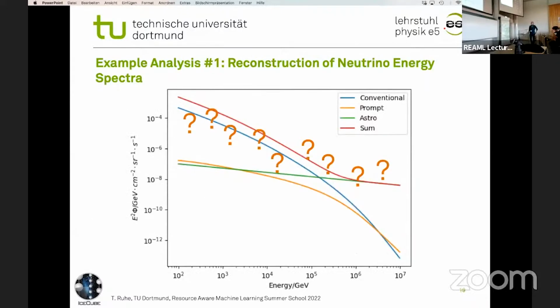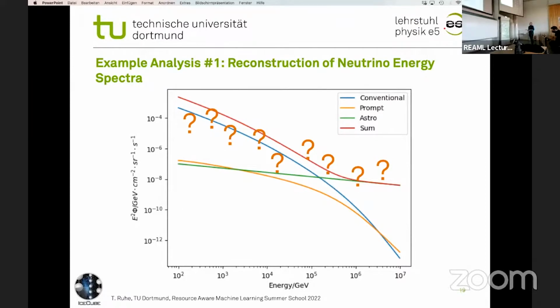Okay. Now I'm getting towards one of the example analyses, and that is the reconstruction of the neutrino energy spectrum. So what is the actual analysis task? This is energy in physicist units, it's GeV. And this is the flux, but the flux got multiplied by energy squared to basically make some of these features more visible.